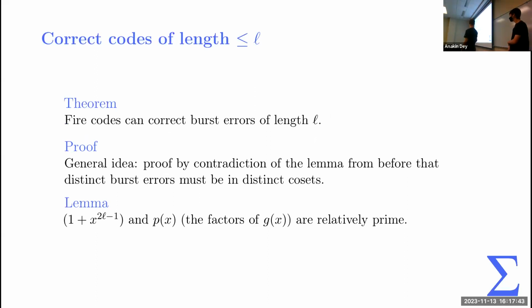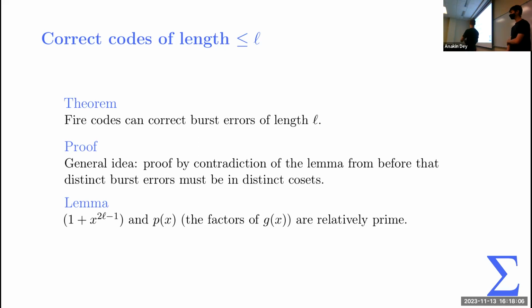So here's the proof that I was talking about. Fire codes can correct burst errors of length less than or equal to 3. This is using the lemma from before that different errors have to be in different cosets, and then it's a burst error correcting code. We're going to prove it by contradiction. We say that we have two different errors, and what if they're in the same coset?